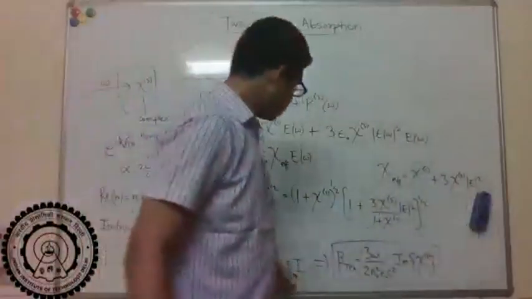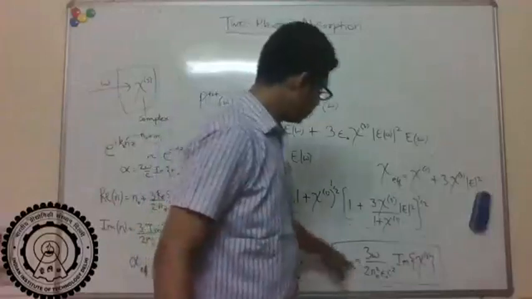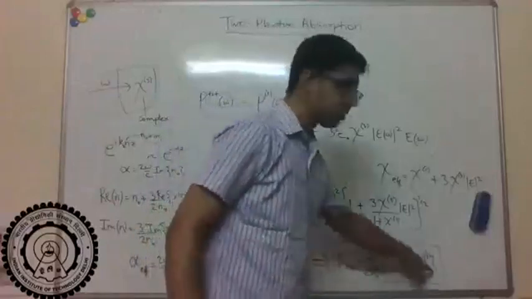Okay, so this two-photon absorption coefficient beta is proportional to the imaginary part of chi3.